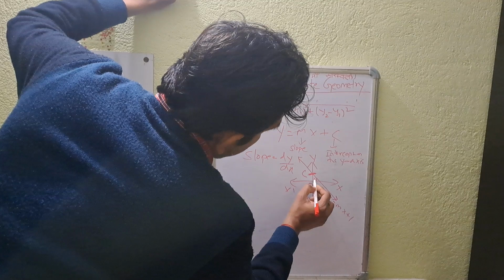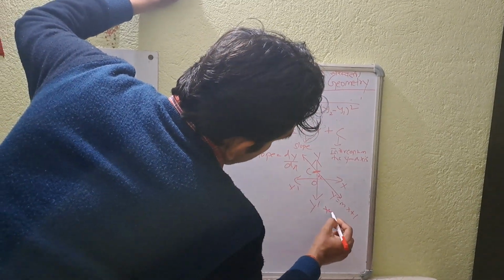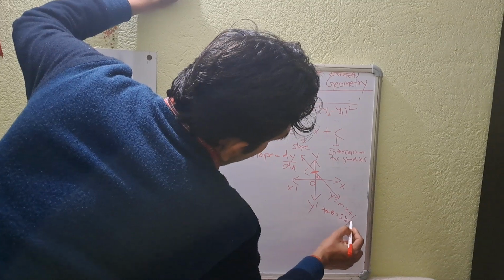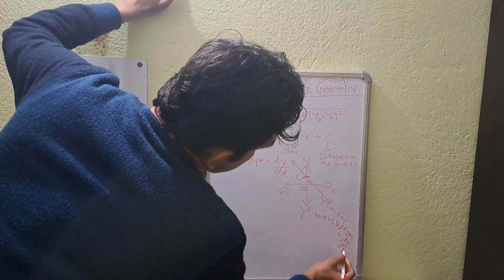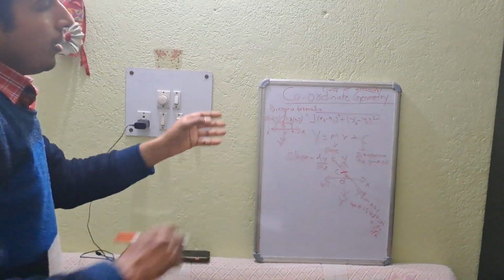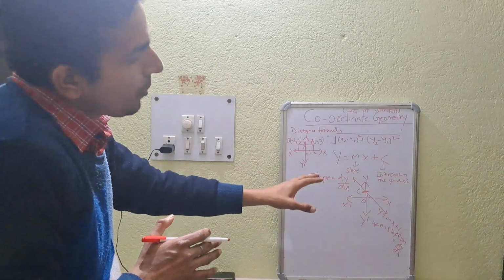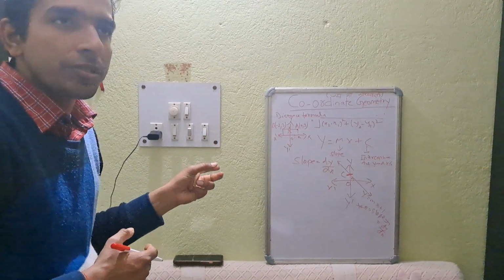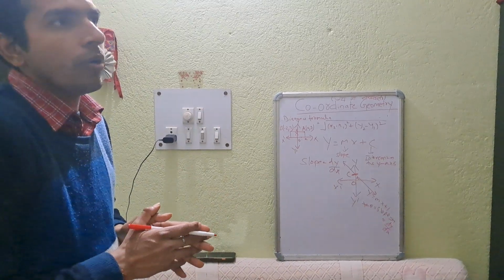Theta is the angle between the line and the x-axis. The tan theta is equal to slope, is equal to m, is equal to dy by dx. So this is the basic part. After calculating the distance formula, we will be dealing basically with the equation of the straight line. We will be calculating the slope and all.